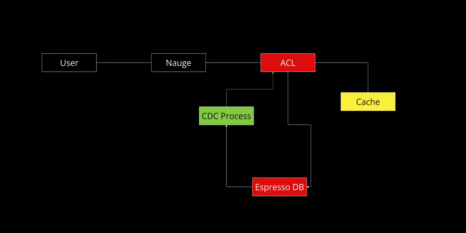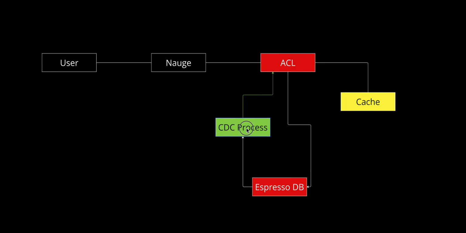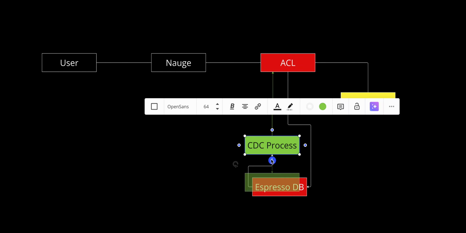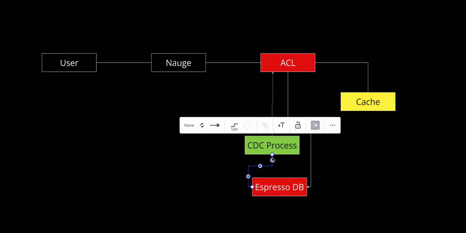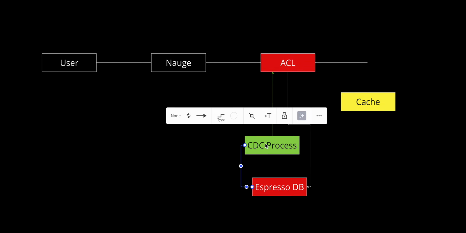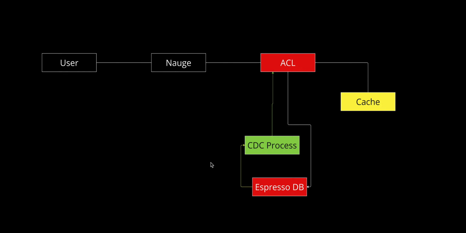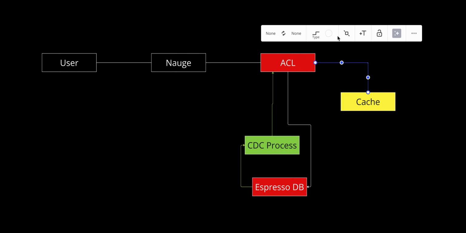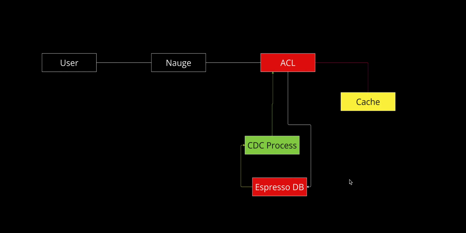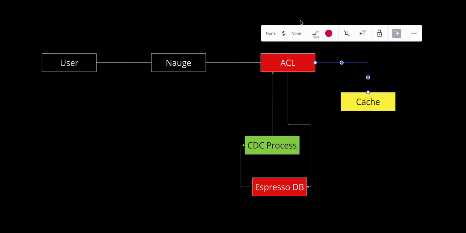The next thing we have, let's put this one here, and let's make it green as well. Let's give each one a color so it will be easier for us to detect what's what.